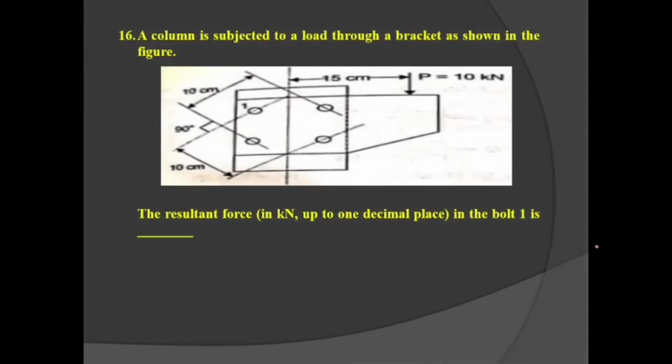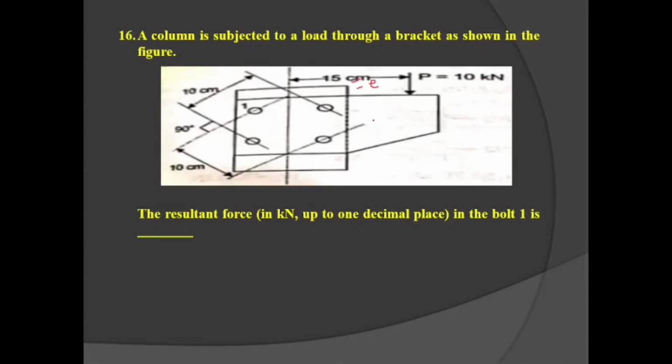A column is subjected to a load through a bracket as shown in the figure. Same question is there. So here P value is given as 10 kilonewton and eccentricity is given as 15 centimeter. This is our eccentricity. This is P value.